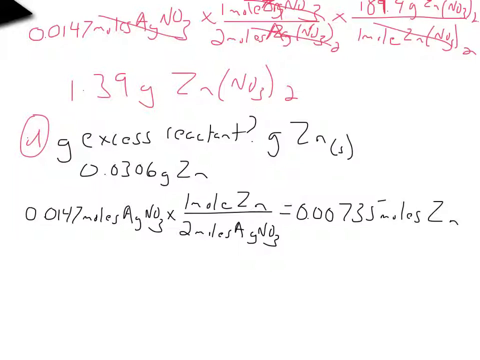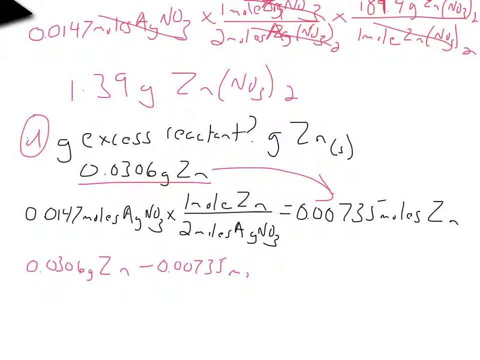And then the next step, we can just subtract what we use from what we started with. So we have 0.0306 moles of zinc minus 0.00735 moles of zinc, and what we're left with is 0.02325 moles of zinc left over.